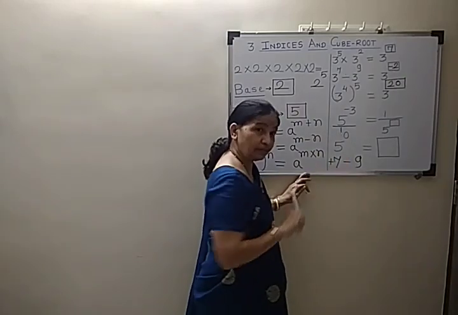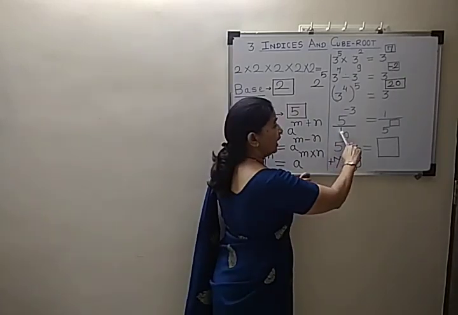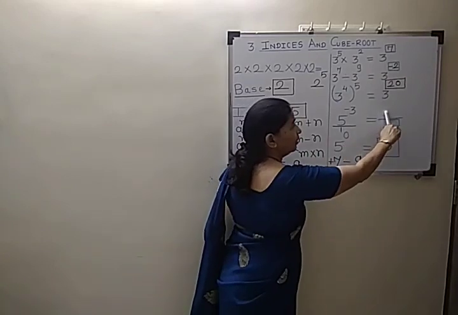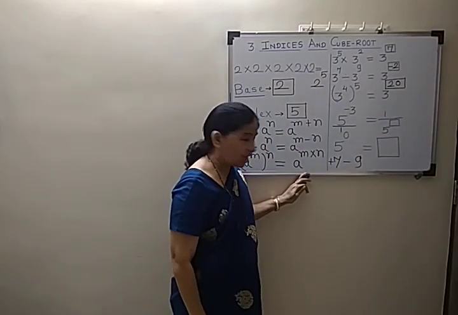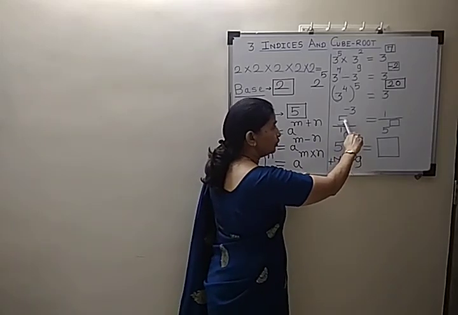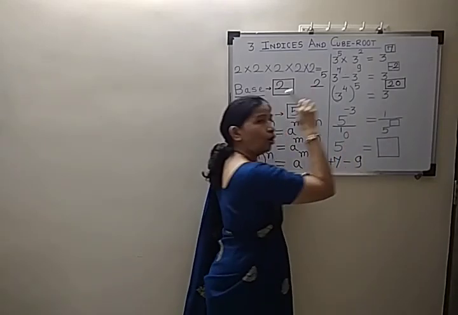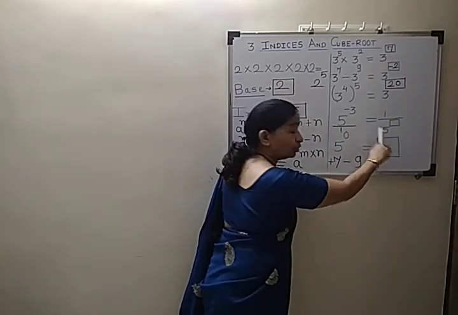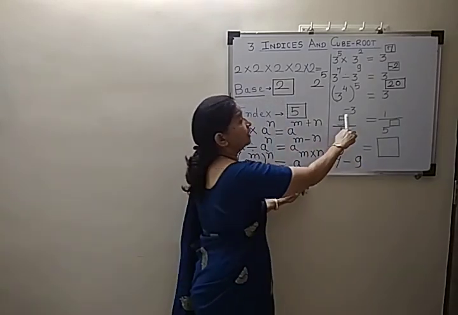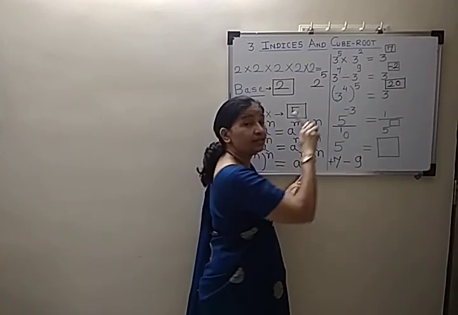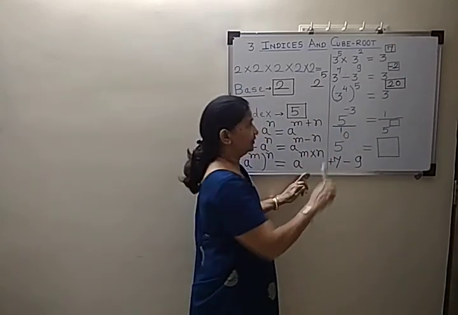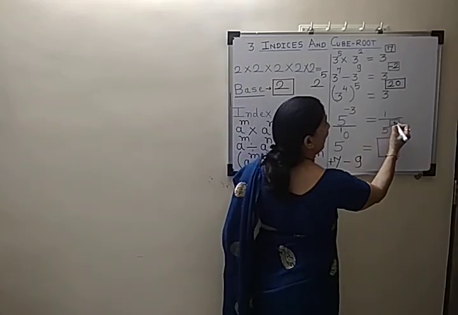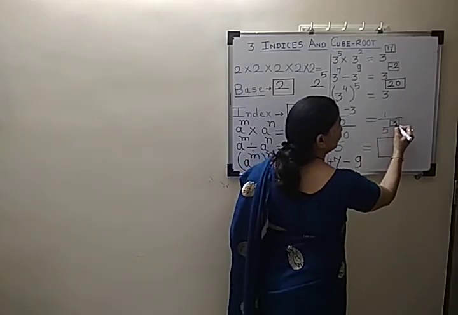Now in this rule they have taken this denominator in numerator and this numerator in denominator, and that time we have to change the sign of this index, and that's why minus 3 will come as plus 3.